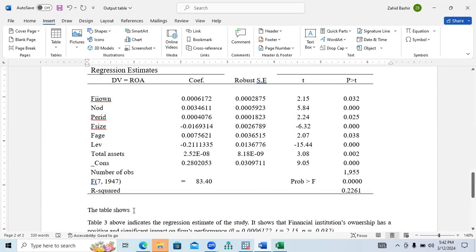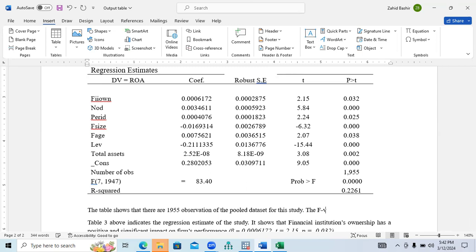So the table shows that there are 1955 observations of data set for the study. You can also include the pooled data set for this study.